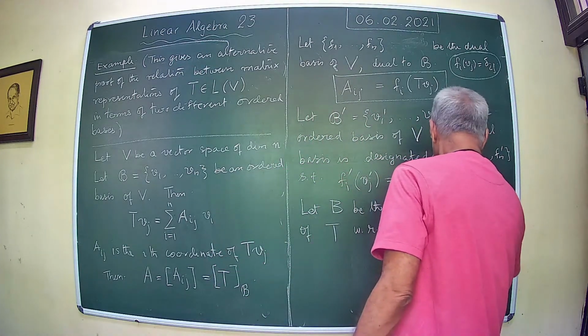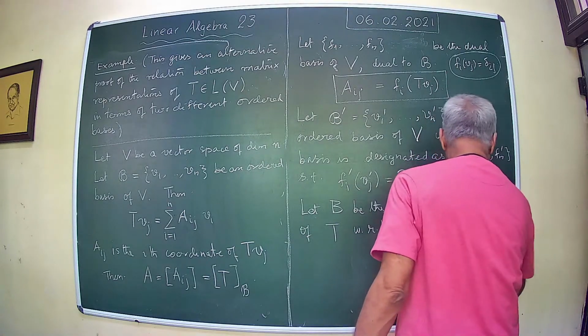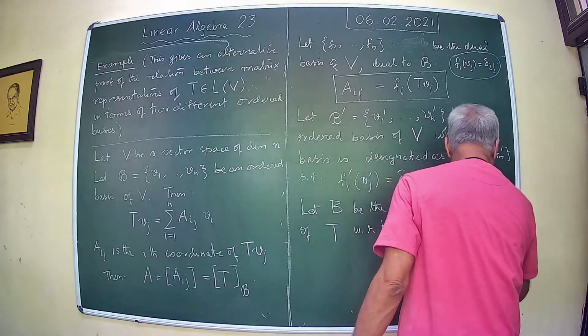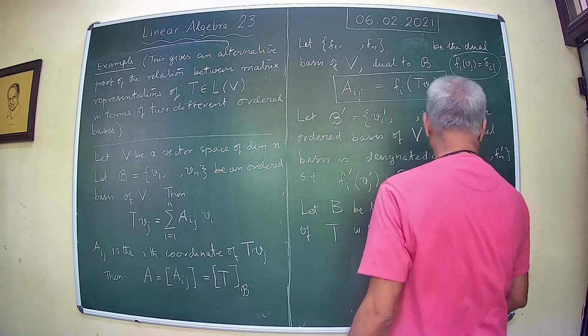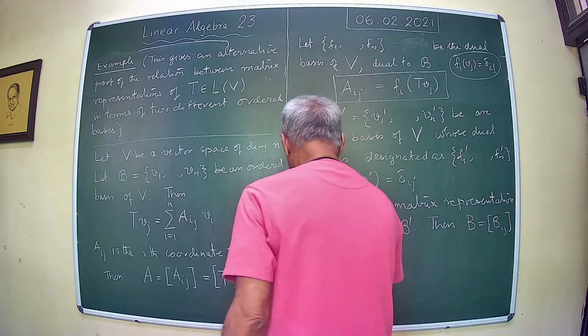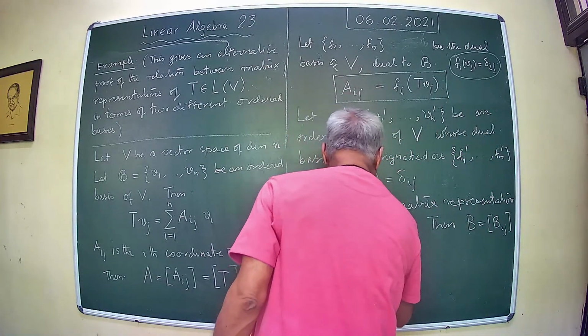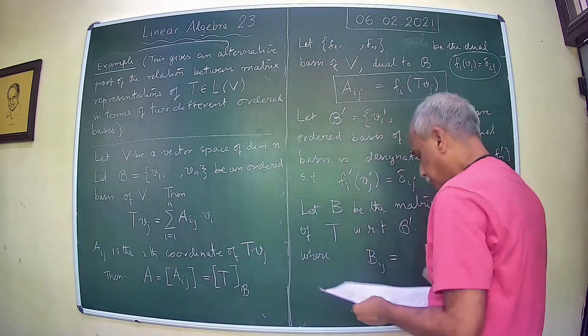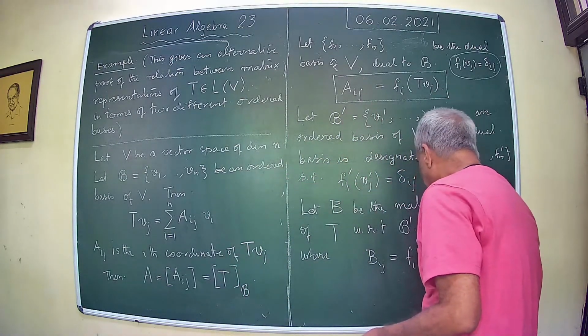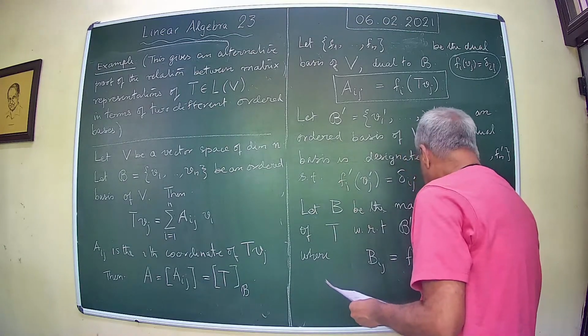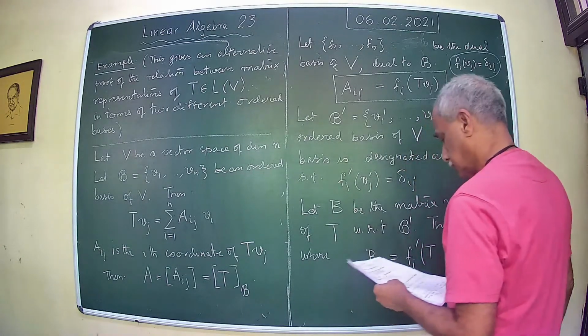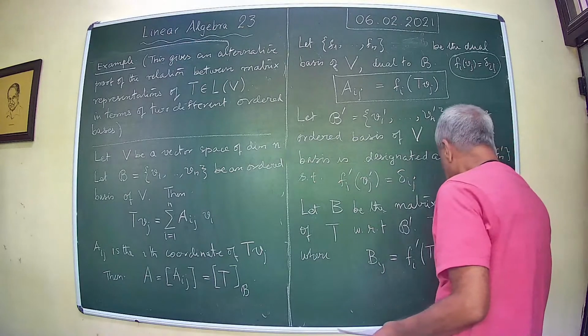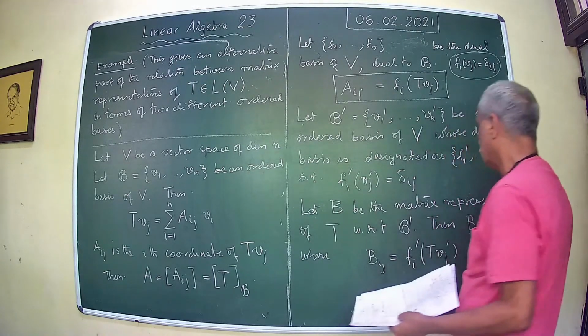Then B equal to Bij, where Bij is equal to Fi prime of T Vj prime.